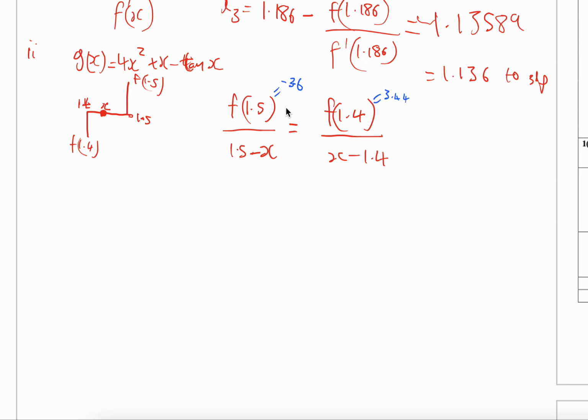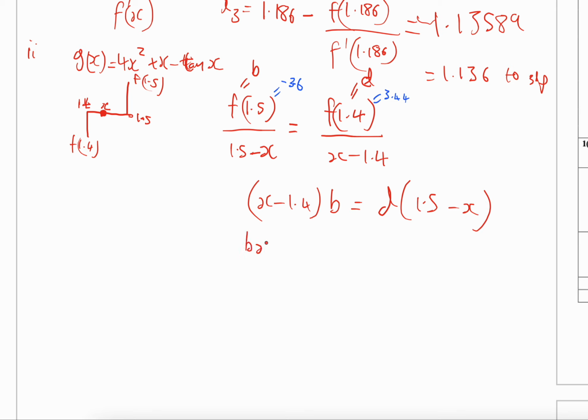So you get x minus 1.4 times b equals d times 1.5 minus x, where we call these values b and d.